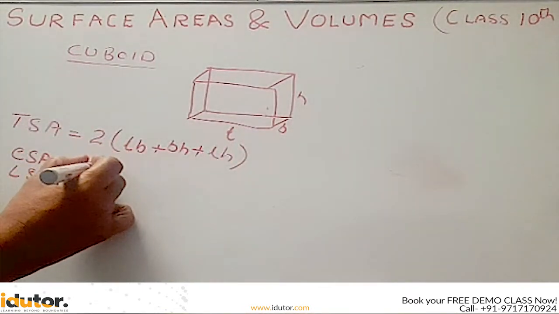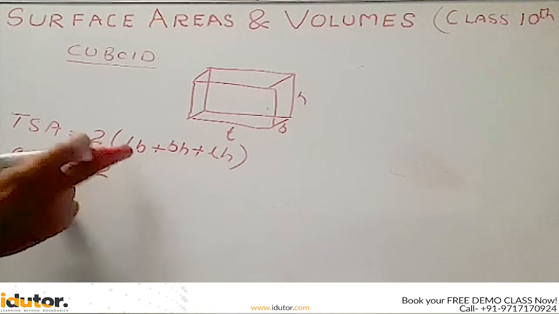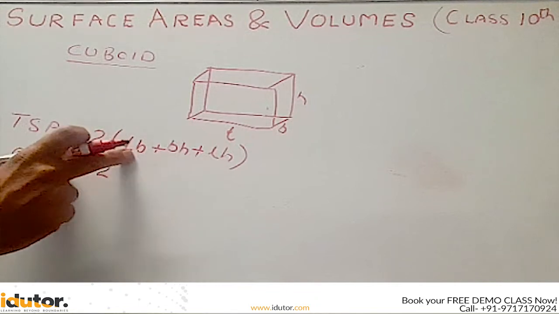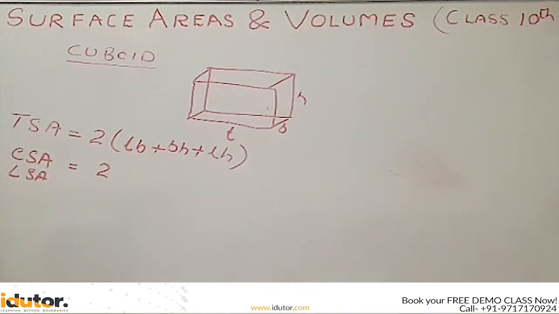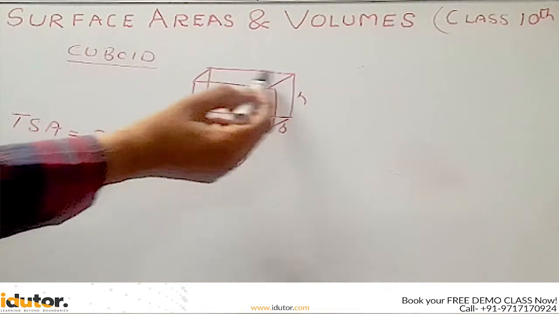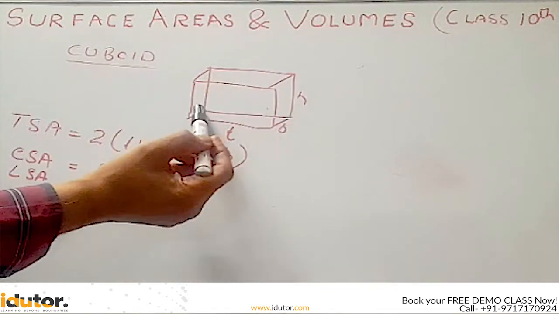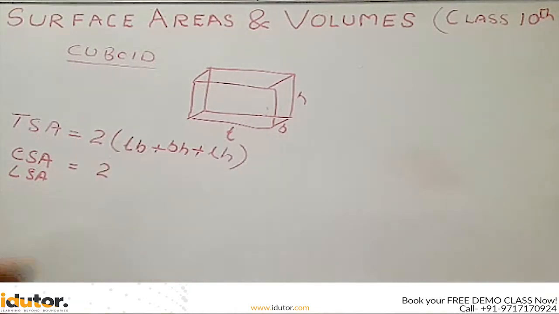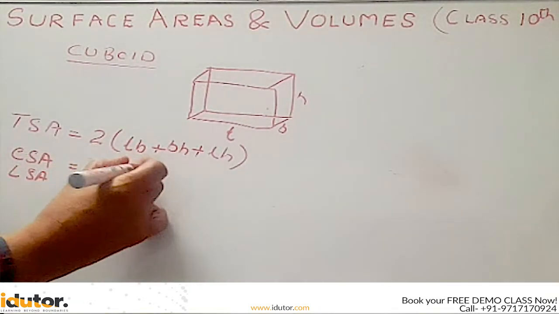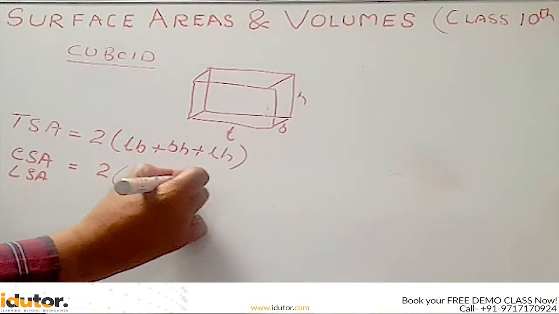Therefore the formula will exclude LB, because length into breadth on the top part and length into breadth on the bottom part are excluded. So it is 2 bracket BH plus LH.